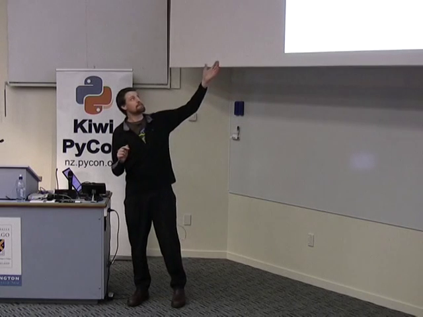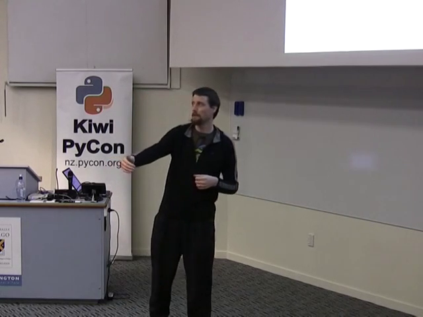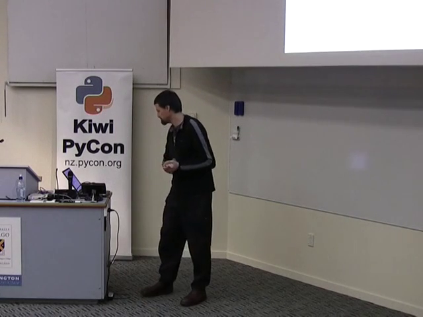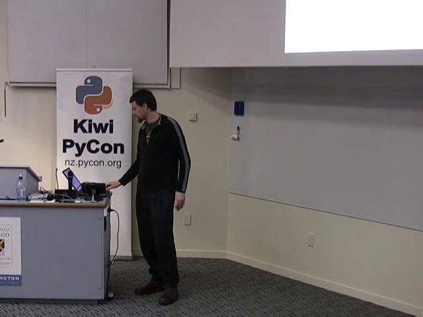We've got jump forward. You can jump forward 5 bytes to that instruction. Jump absolute, I want to jump to the instruction at byte 24, and you've got a bunch of exotic jump if false or pop. I don't know what they use that for, but I'm sure there's some good use.